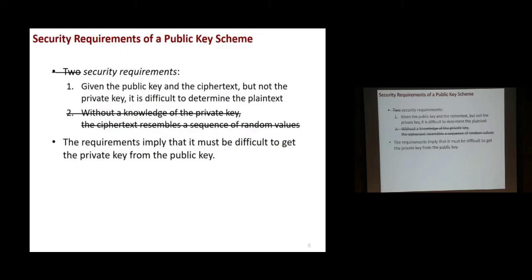So the security requirement, actually it's one security requirement. I don't know why I wrote two repetitive same sentences there. Please remove it. So the security requirement is that given a public key and a ciphertext, it's difficult to determine the plaintext. The actual formulation is quite involved, so we just hand-wave a little bit.